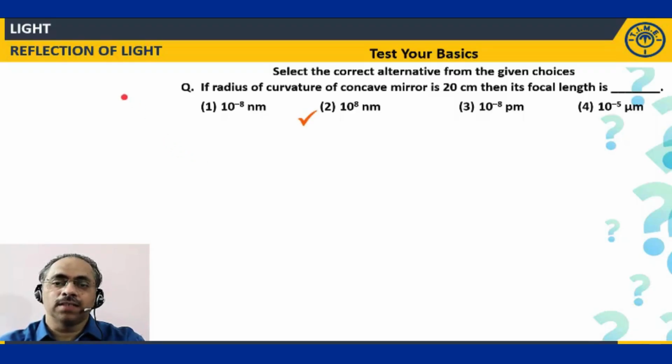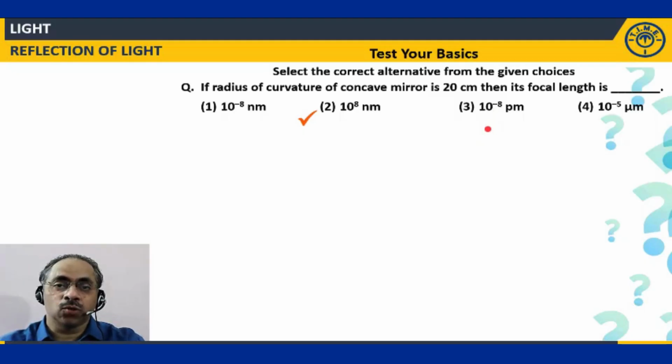Now, let us look at the third and fourth options also, whether they give the same answer. 10 power minus 8 picometer. Pico is what? 10 power minus 12. Here I already have 10 power minus 8. So minus 8 plus minus 12 becomes minus 20.